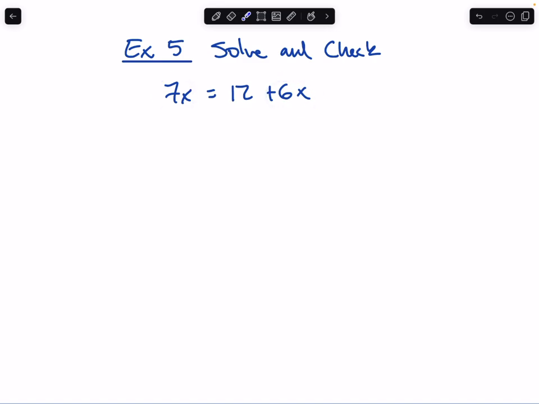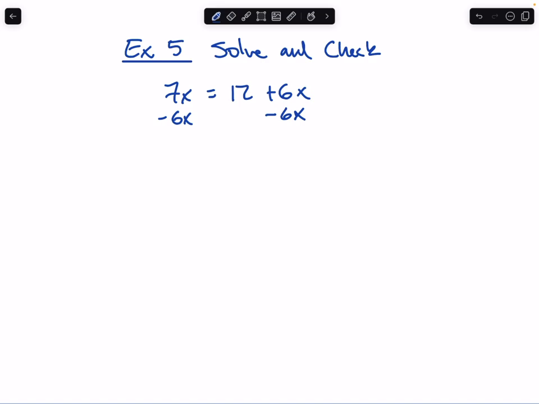That means now we have to add or subtract with a term that includes the variable. So which one do we want to subtract? We want to subtract the one that will give us a positive value of x on one side. And so what we want to do is we want to subtract 6x from both sides.